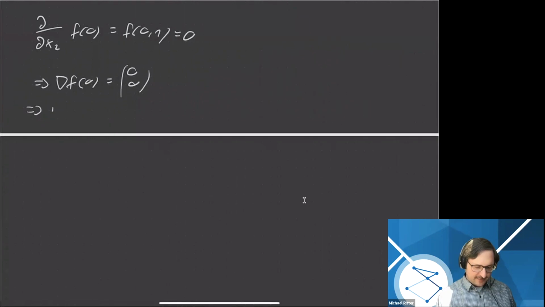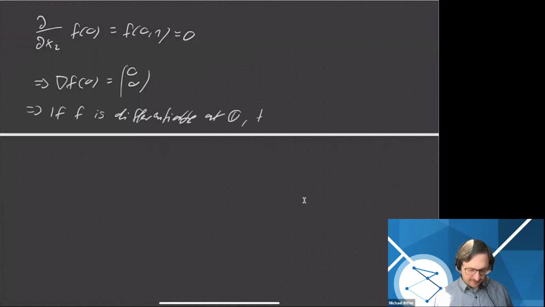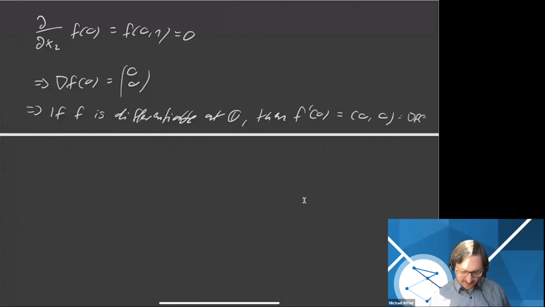That means if f is differentiable at 0, then f prime at 0 could only be (0, 0), which is just the gradient of f at 0 transposed.